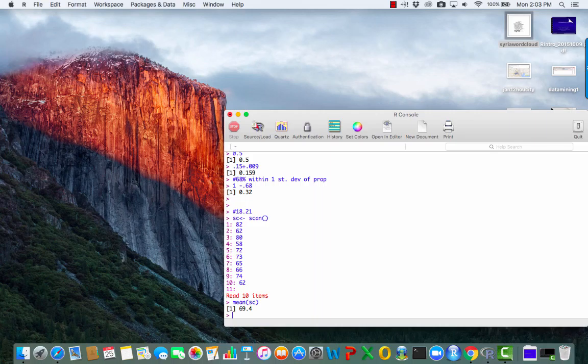What we want to do is draw a simple random sample of size 4 from this group. I'll show you something kind of cool.